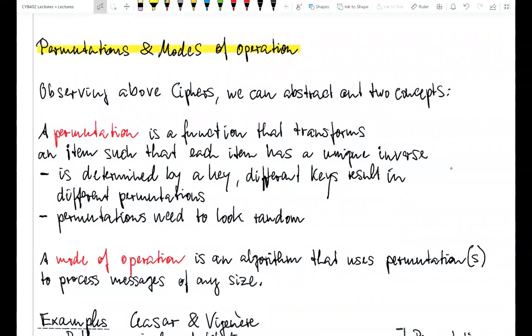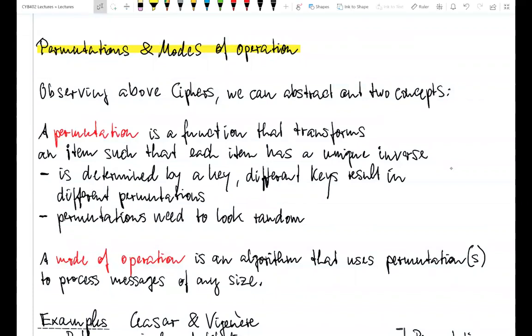Okay, so let me switch over to the next topic, which is permutations and modes of operation. From what you have seen so far, basically ciphers at two extremes, we can abstract out two concepts that are important for our modern cryptography. The first one is we need to have a permutation. A permutation is a function that transforms one item into another item, and that transformation has to have a unique inverse.